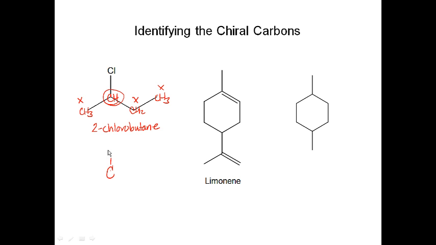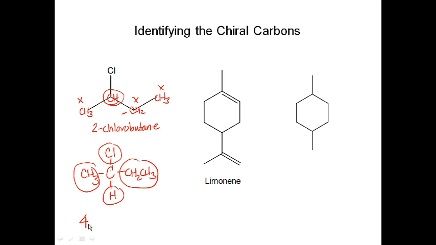Well, what's it have attached to it? It's got a chlorine and a hydrogen. Those are different. On this side, it's got a CH3 group, and over here a CH2CH3 group. So this carbon has a methyl, an ethyl, a chlorine, and a hydrogen.